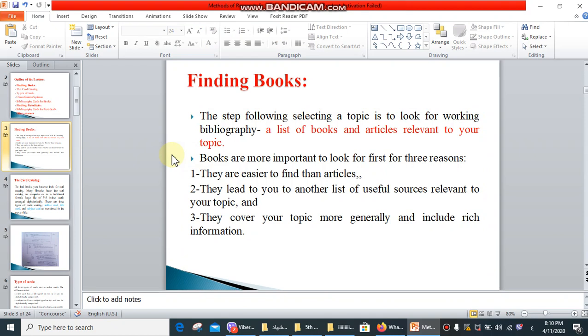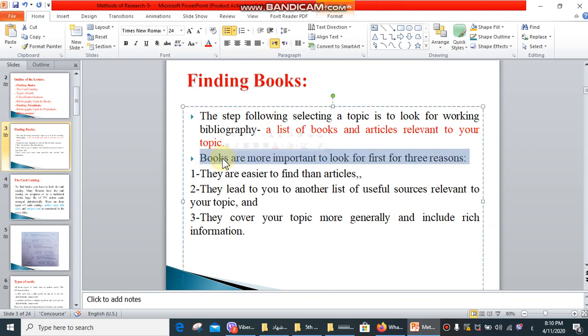You can find relevant material for your topic by going to books, periodicals, and other sources. What is important here is that books are important to look for at the first stage of finding material for your research paper. Why are they more important than the other sources of material, I mean periodicals and other sources?